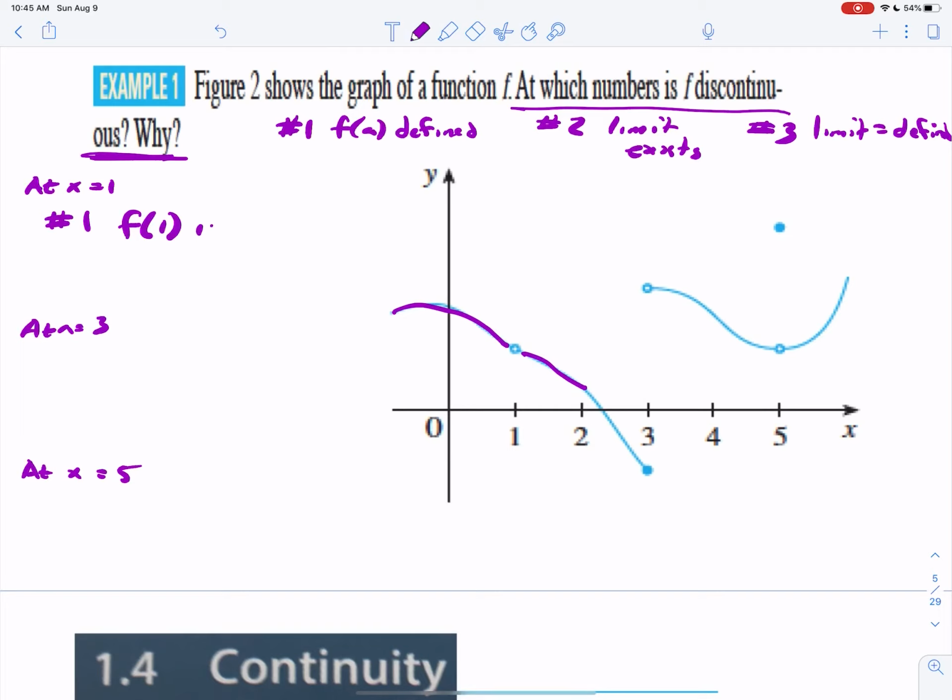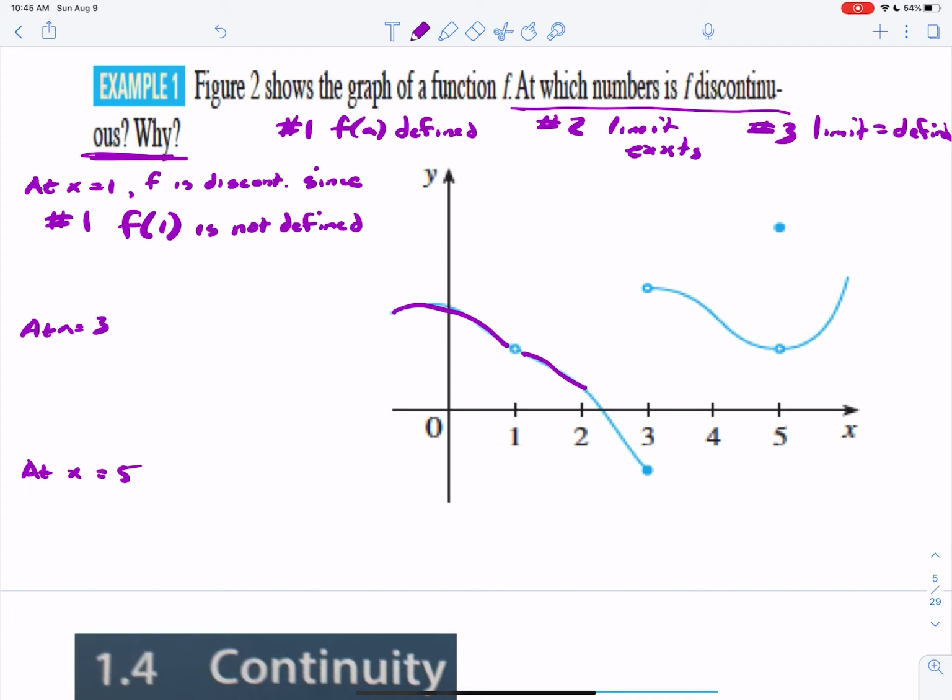So f of 1 is not defined, or undefined. Therefore, f is discontinuous, okay? I'll write over here: at x equals 1, f is discontinuous since f of 1 is not defined. Now, the number 1, I'm putting it there for reference. You wouldn't write that on your paper, okay?